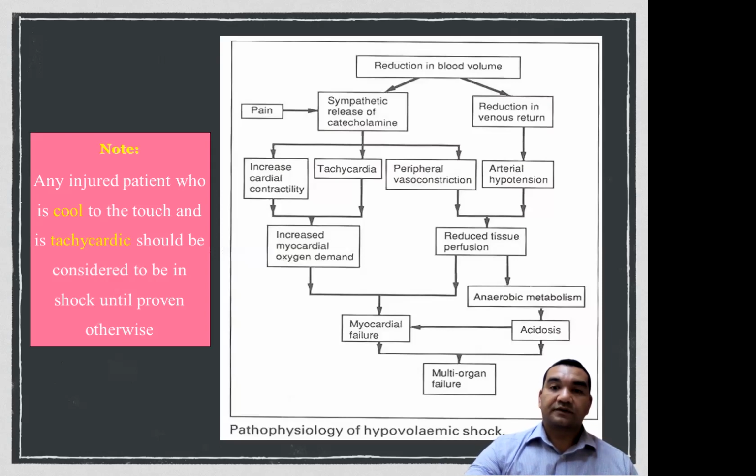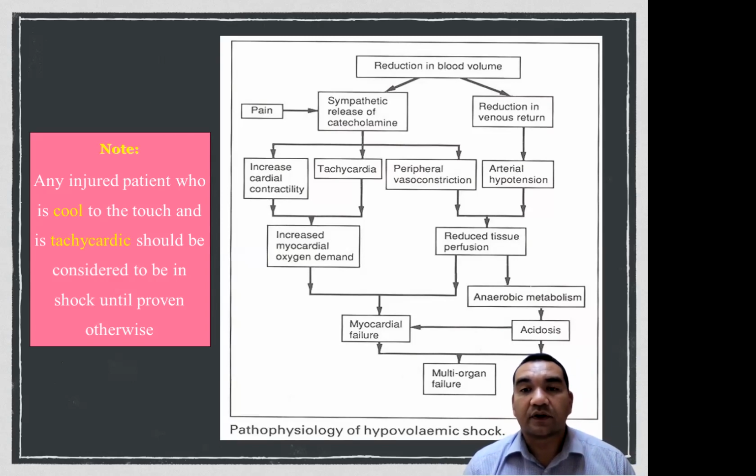Some pathophysiology of shock. Hemorrhagic shock is due to reduction in blood volume, which will increase the sympathetic effect, the release of catecholamines, mainly adrenaline and noradrenaline. It will cause reduction in venous return as well, and this reduction will further reduce tissue perfusion.